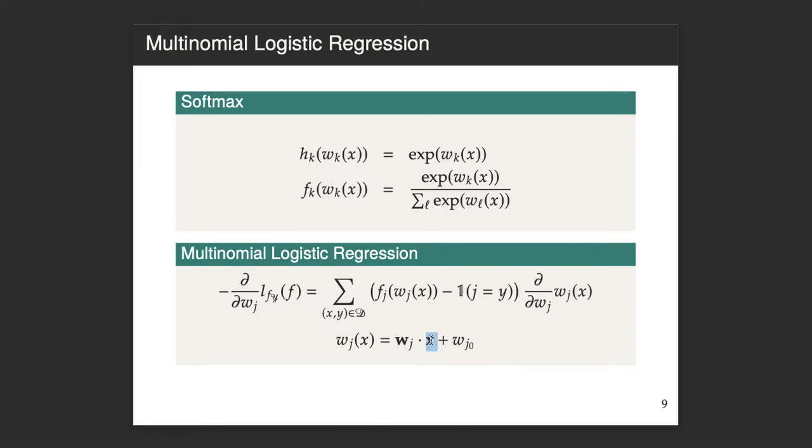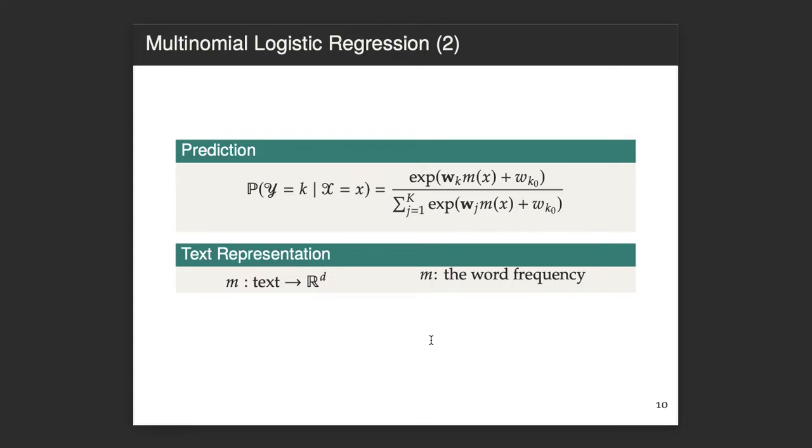So what I'm going to do is put it into the words of the approach we did with the Bayes theorem. We are going to have a function m that transforms x into a vector.